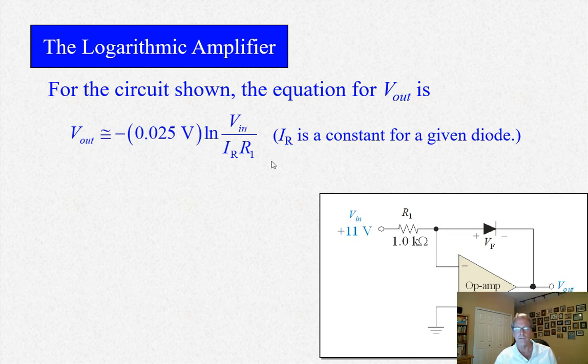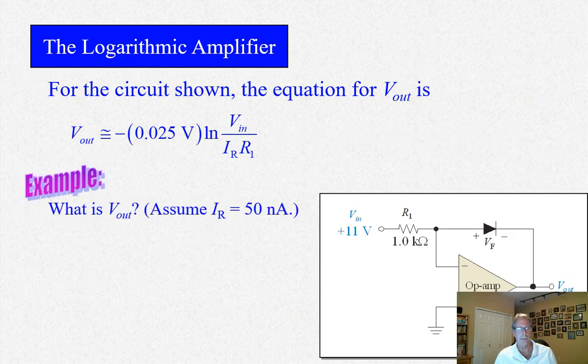R1 is constant. So the only thing changing here is Vin. So you get a V out versus Vin. Very nice equation. This ln, this natural log, is a button on your calculator. So you're going to want to write this on your equation sheet for the next midterm and the final, so that you know how to use it. And obviously there's homeworks and examples and text. You're going to want to do all of those.